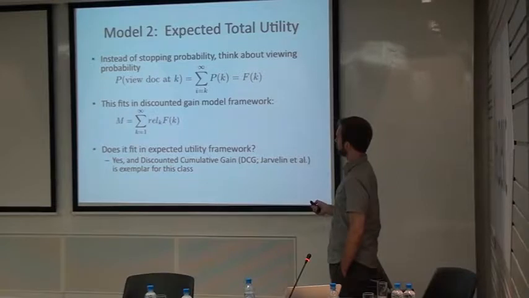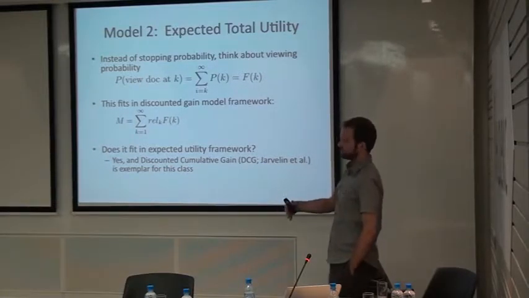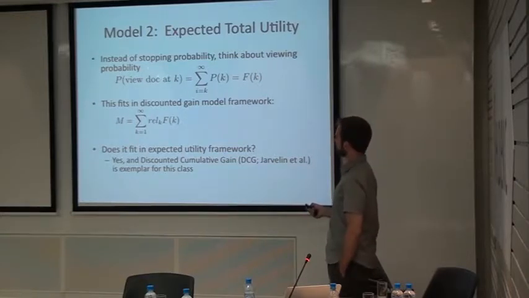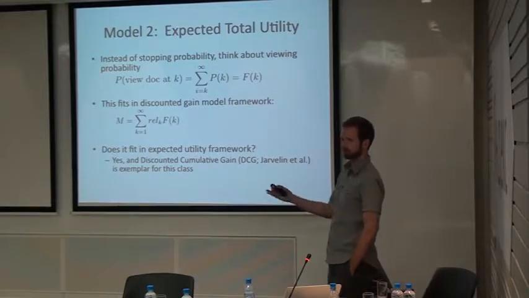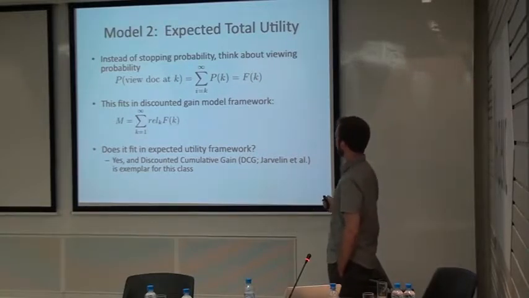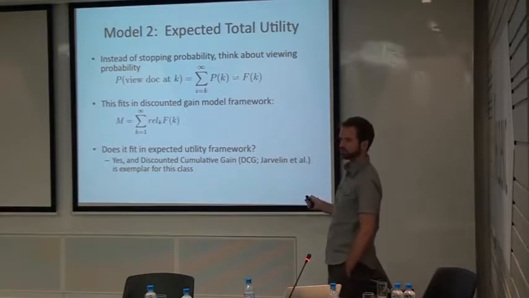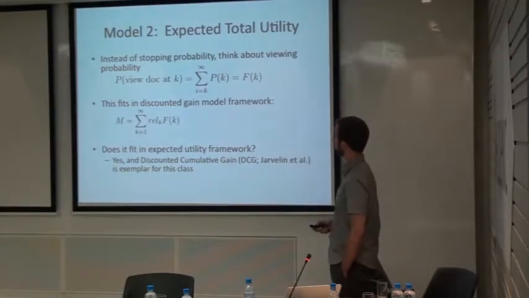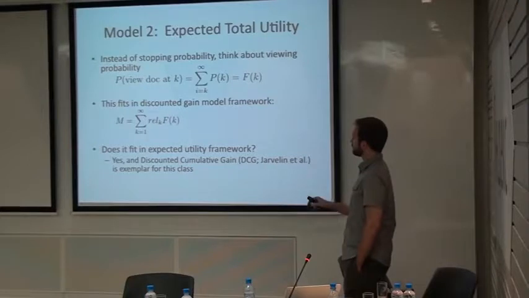So we can mix and match different pieces of them, and then we can test hypotheses about general properties of the components of measures. So now we can say things about general properties of stopping distributions, general properties of utility models, general properties of cost models. And then instead of trying to evaluate each possible measure as its own individual entity, we can evaluate measures in terms of the properties they have in these three dimensions.